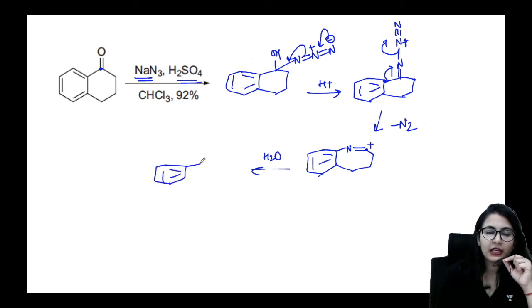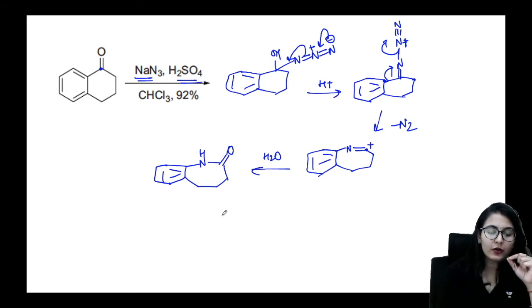Alright, so your product, I'm directly writing the product. First of all, you'll get an OH over here and then you will do the tautomerism. You will get this kind of N substituted amide, or a lactam. Lactam is a cyclic amide.